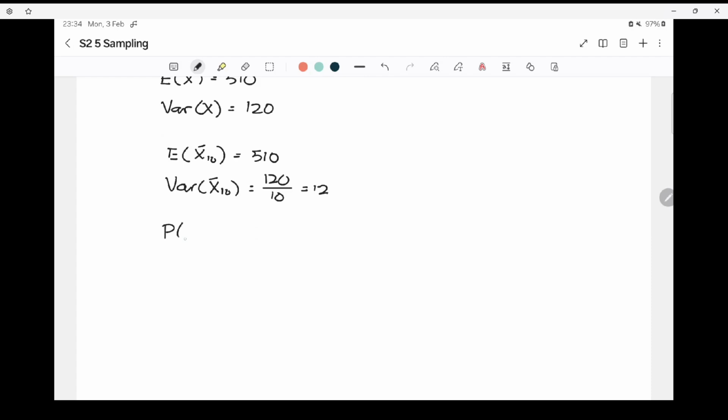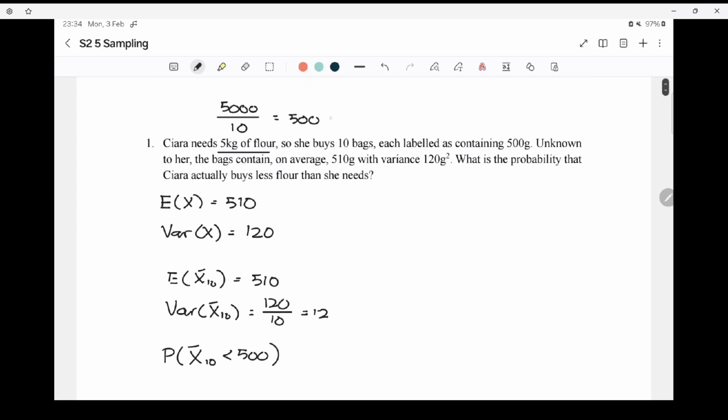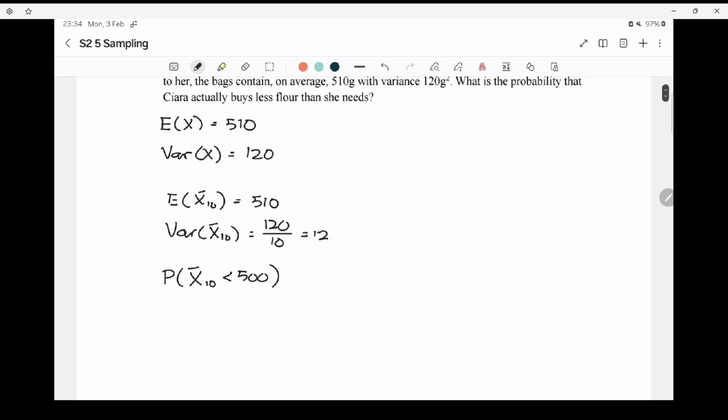So you want to find the probability that the mean is less than 500. 500 is what we calculated over here. So you just assume that this x bar 10 is normal with the mean 510, the variance 12.